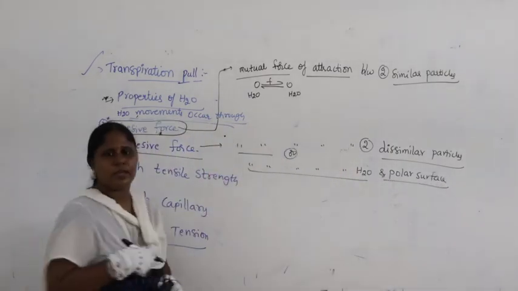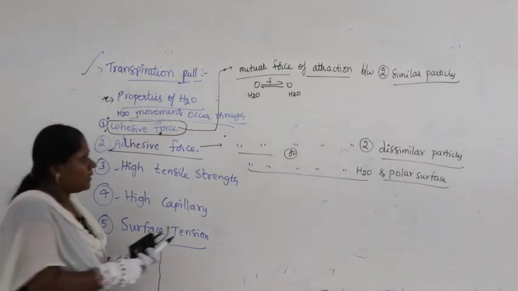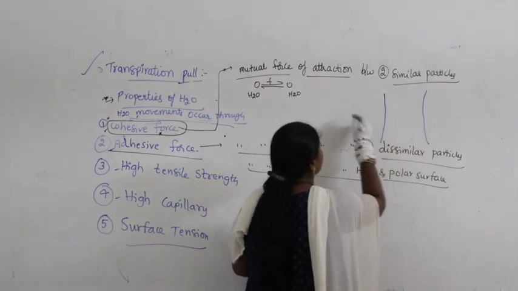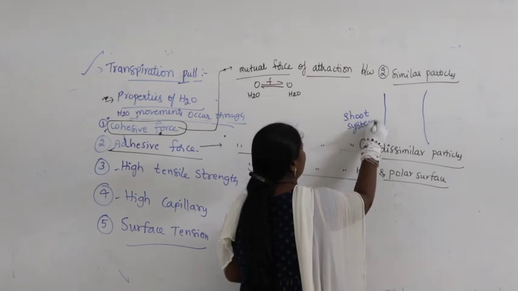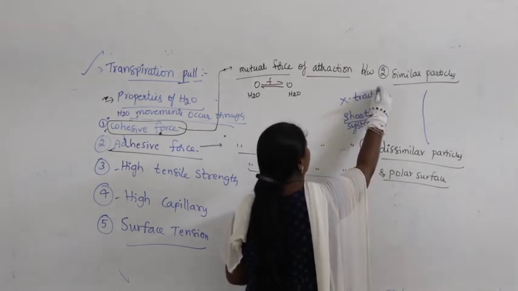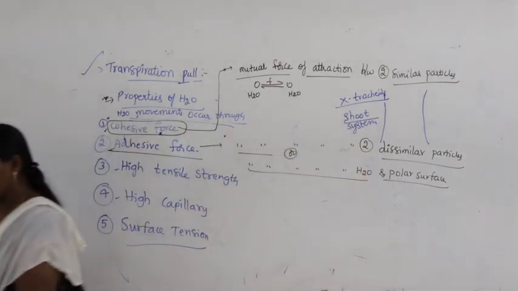What's the meaning of this in this case? Here, when water is moving up, this is the stem, or you take the shoot system. In this, what you find? Xylem tracheids are there, for example.